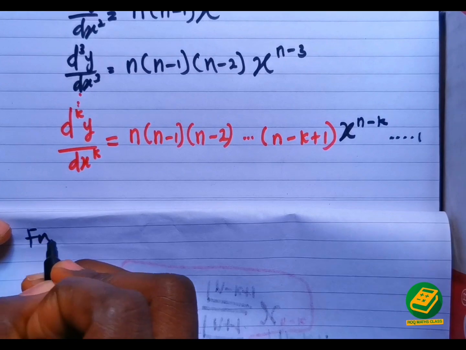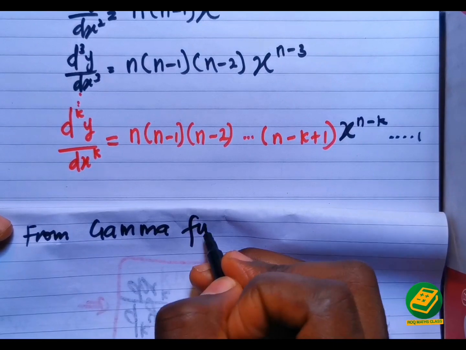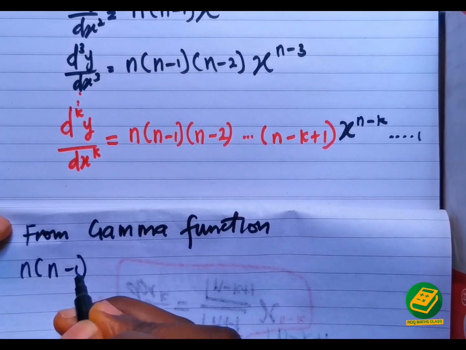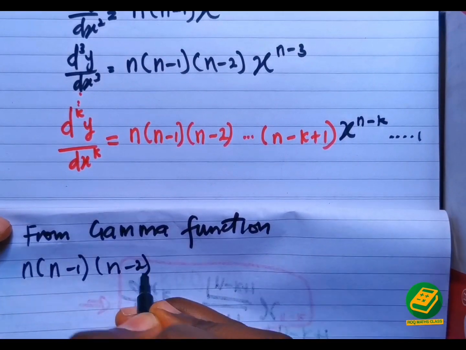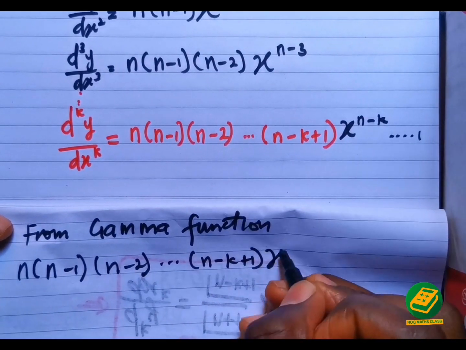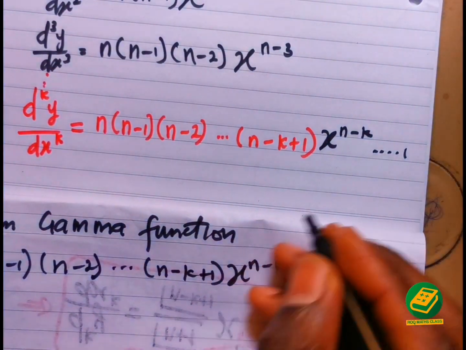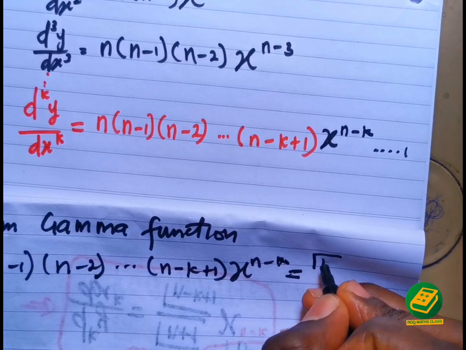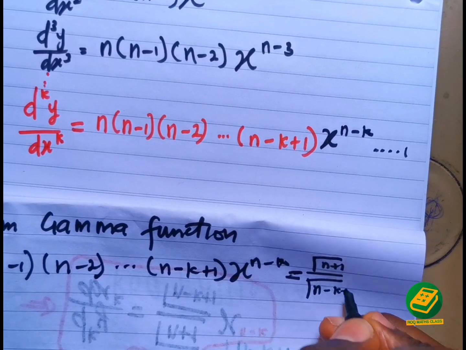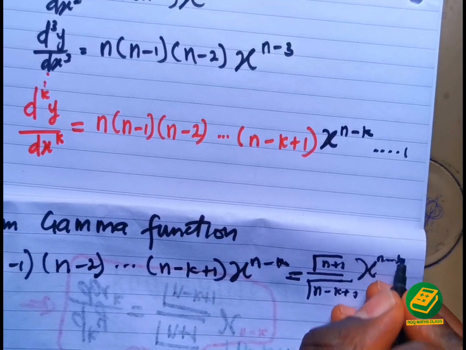So from gamma function, n into the bracket of n minus 1, n minus 2, up to n minus k plus 1, times x to the power of n minus k, is equal to the gamma of n plus 1 over the gamma of n minus k plus 1, then x to the power of n minus k.